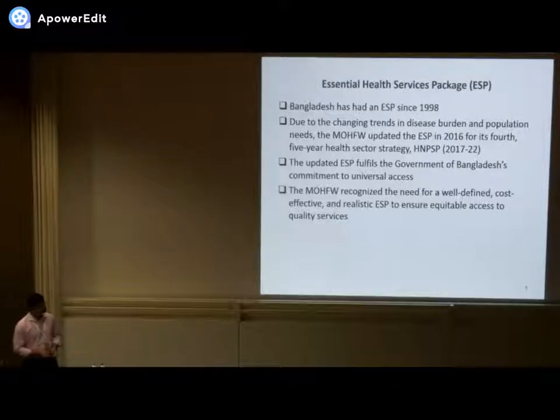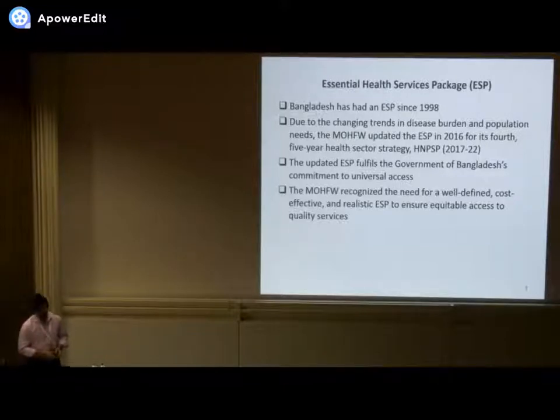The government is including this in the current sector-wide program, the five-year plan, to provide the poor with universal access to these services.